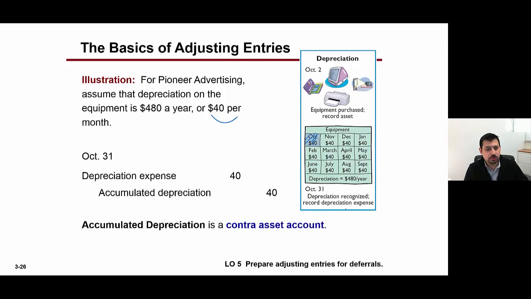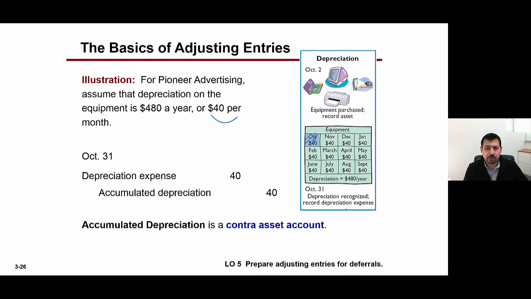So later on we will treat them more or less as a bundle. So it would be equipment less accumulated depreciation for equipment. And in the ledger as well as on the balance sheet, accumulated depreciation shows immediately after the asset. So the contra asset will show up immediately after the asset.